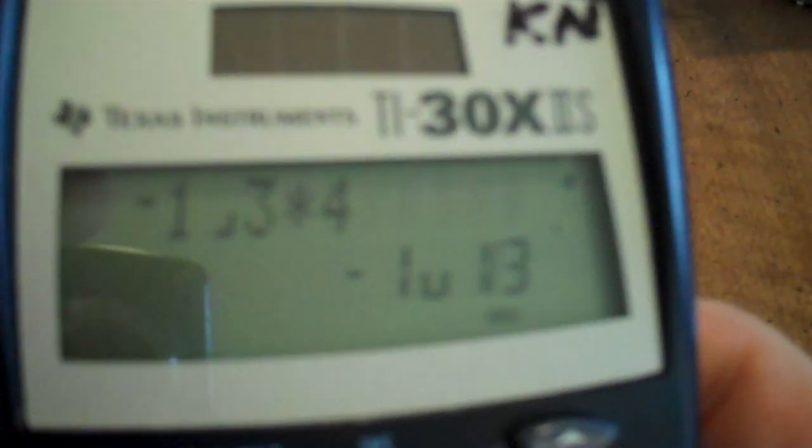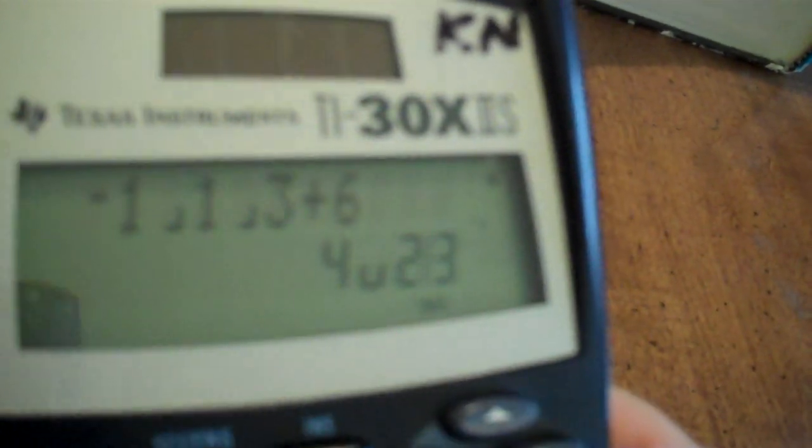You need to multiply negative 1/3 by 4. If you get that, don't complain about it. Just put negative 1 and 1/3. Then I take negative 1 and 1/3, plus 6. I got 4 and 2/3. 8's bigger, so we have a greater than, and it's a dashed line, so only the greater than sign, not the equals. And that's a wrap.